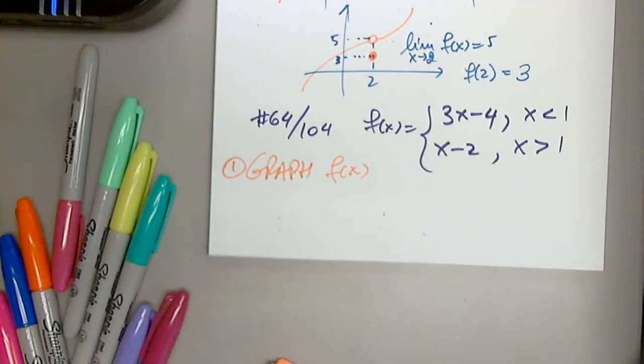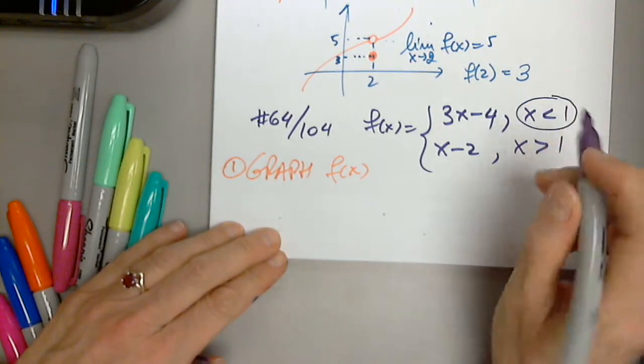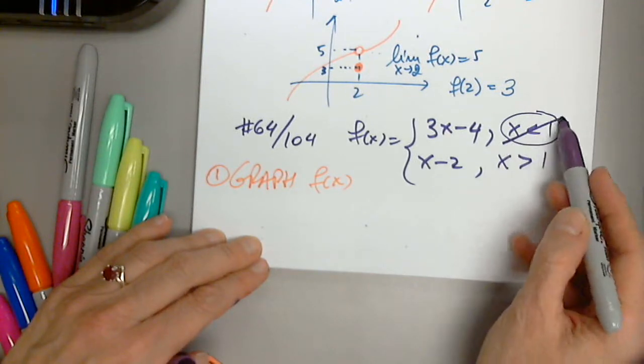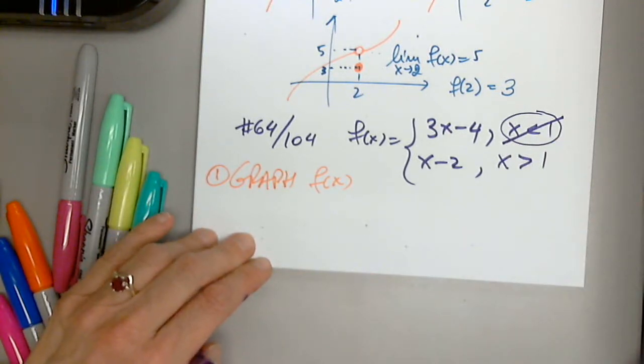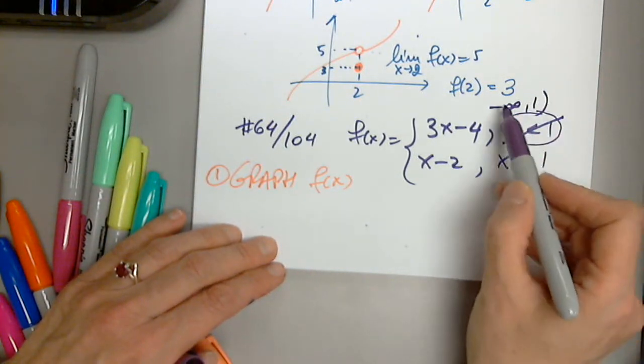What do we have to determine first when we are asked to graph a function, any function? We must find the domain, always. So instead of this, I will write the interval notation. How do I write the interval notation that replaces this? You don't have to cross it out, I'm just making a point. Excellent.